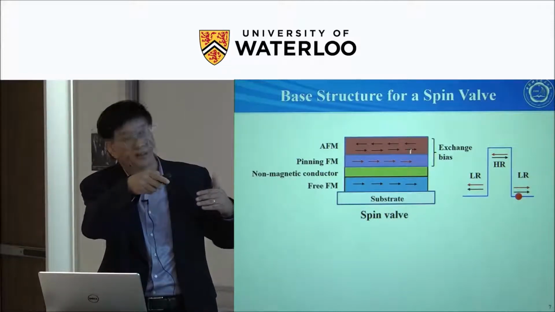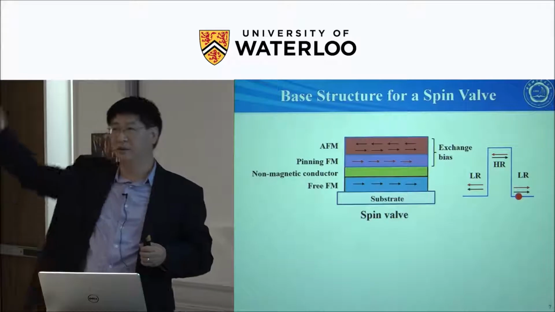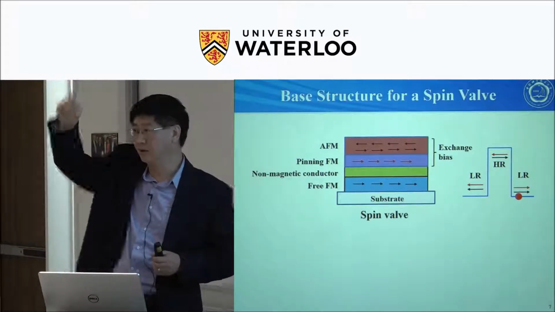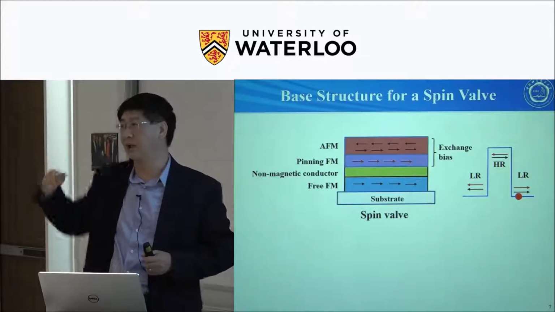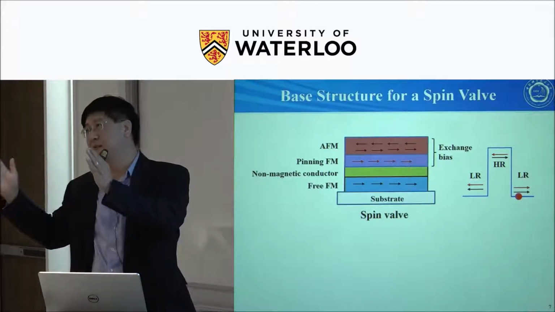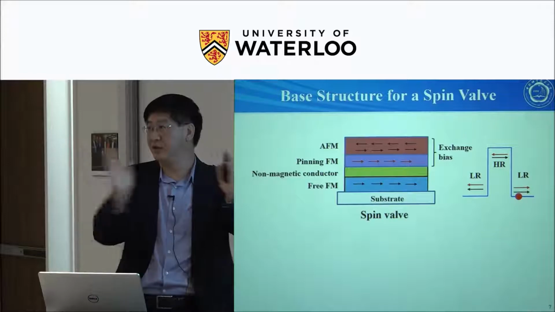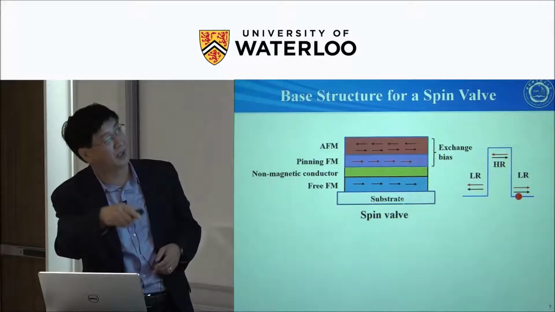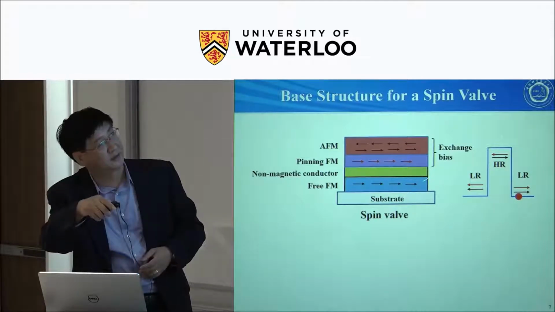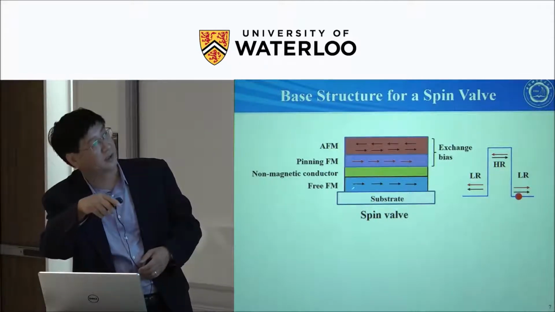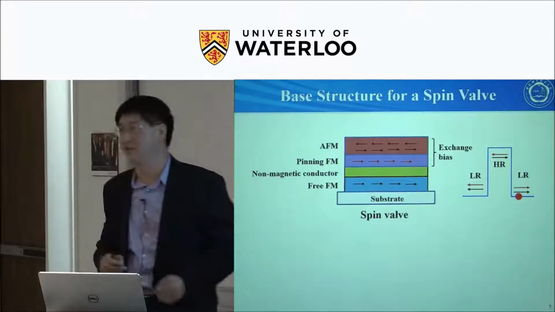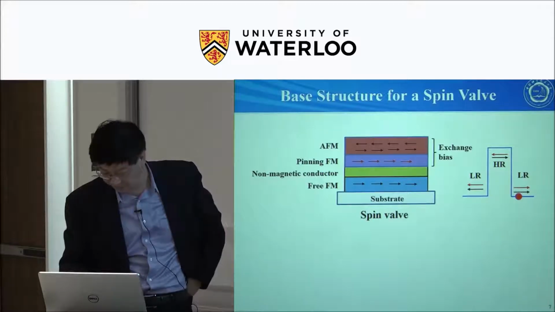This is an exchange bias, which means if we have a hysteresis loop centered at 0, the exchange bias shifts this hysteresis to the left side. Then we have a different bias state. As the movie just showed, let's bring the spins to the other side, left. Then we have different resistance, okay? This is a spin valve.